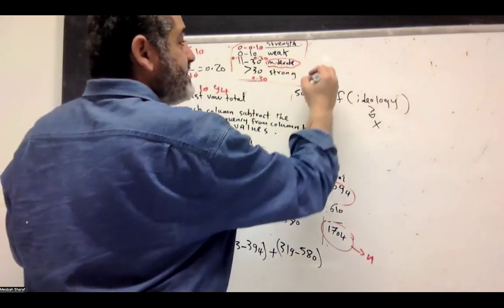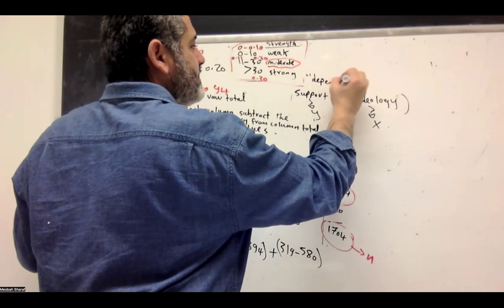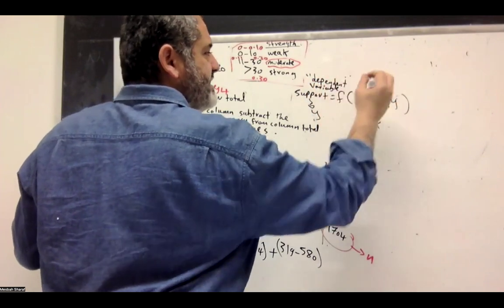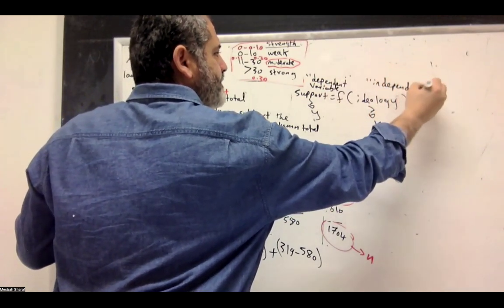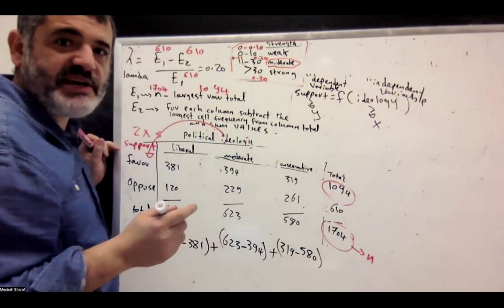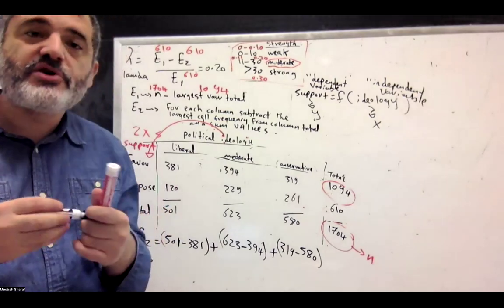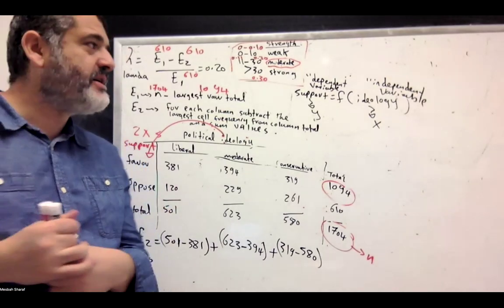Y means dependent. This is the dependent variable, and the x is the independent variable. And we want to see if your ideology affects your support for that reform or for that labor strike.